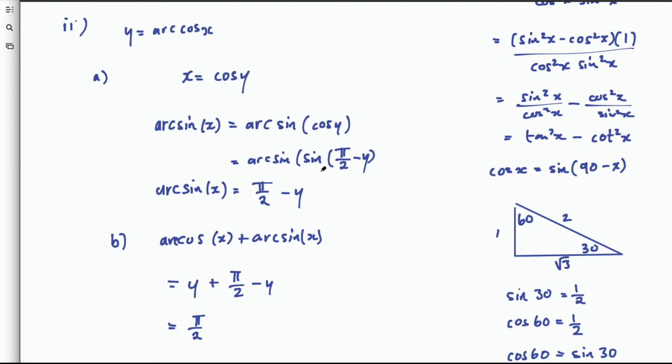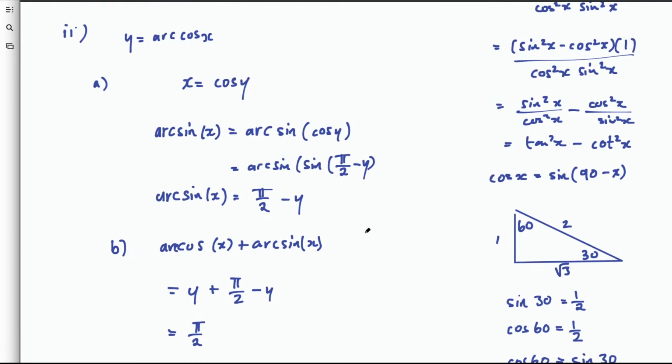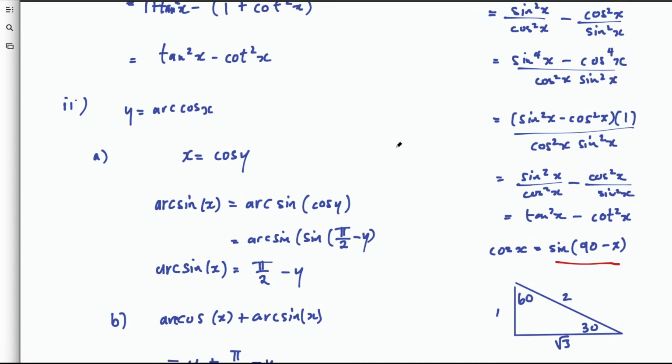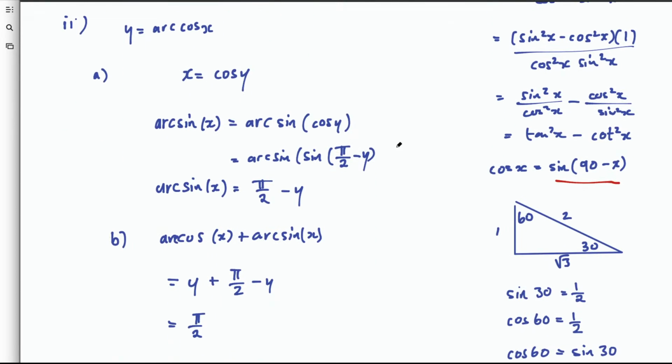So the sines cancel each other out. So yeah, I guess the trick there was to substitute in the sine of 90 take y for cosine y. Nice problem.